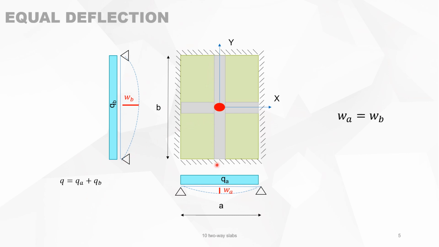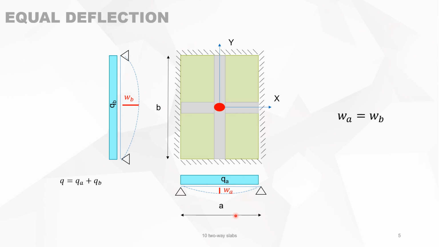Take the section from YY, then this section with a uniform distributed load will have a maximum sag or a maximum deflection in the middle of WB. The same with the deflection in X direction, it has a deflection of WA.